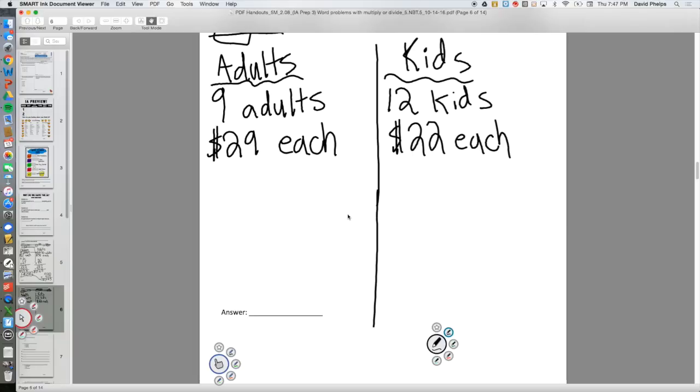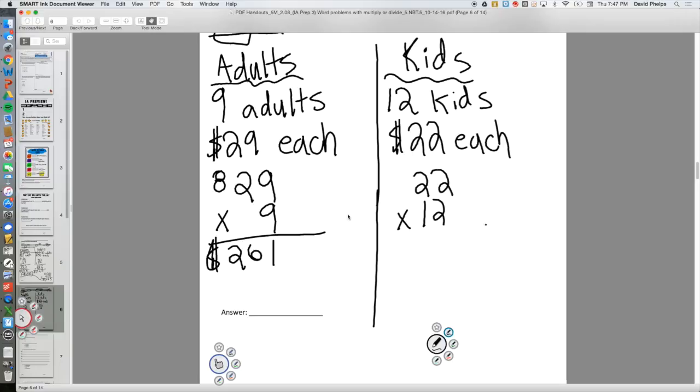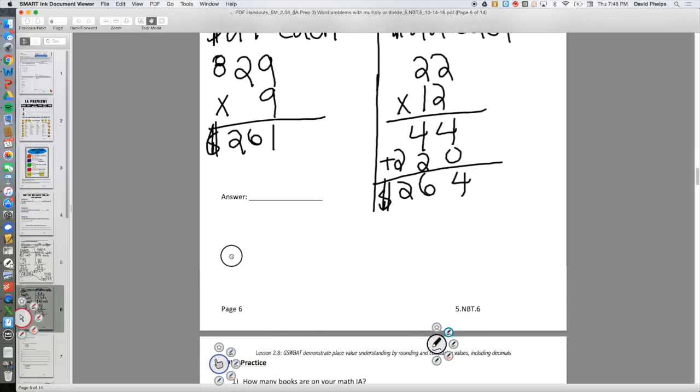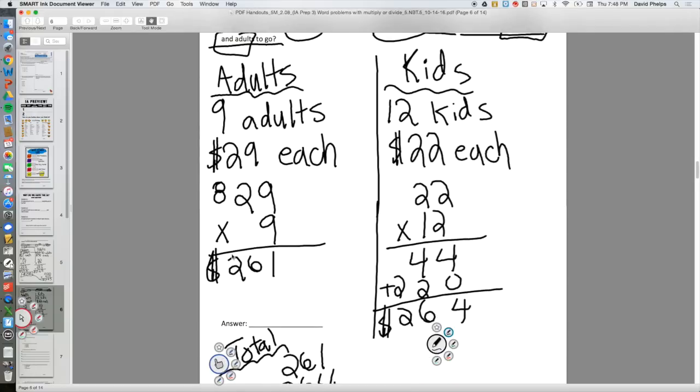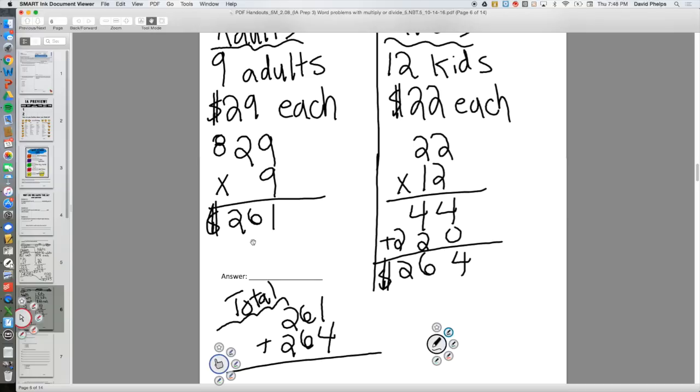If you need some help, look at the board. The adults will cost $261.